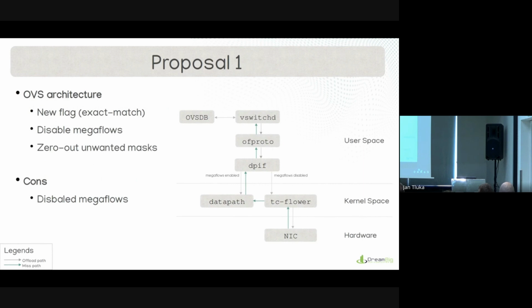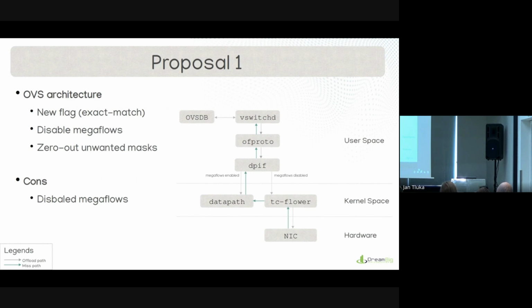In the first proposal, we didn't make many changes to OVS. We introduced a new flag for exact match offload, which is disabled by default, and the user can enable it at runtime when needed. To enable exact match offloads, the user must disable the megaflows.